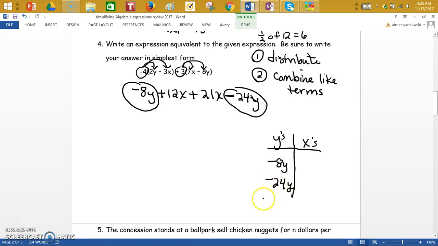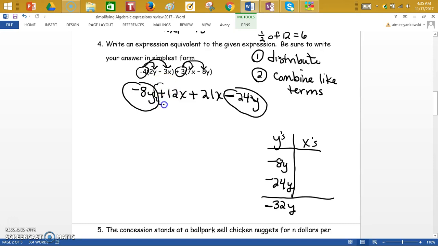Signs are the same. Let's find the sum and keep the sign. 24 and 8. Is that 32? 32y. If I was at negative 8 on a number line and I moved 24 to the left, I'd be at negative 32 on the number line.